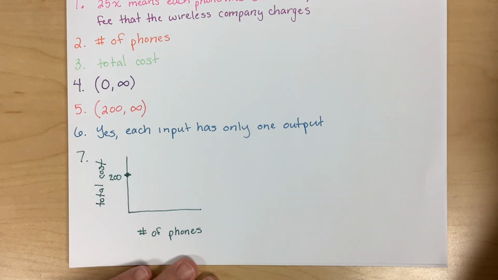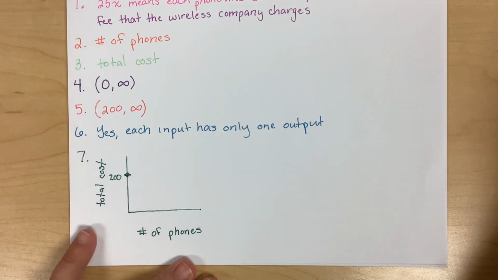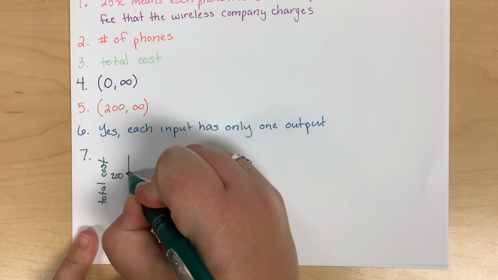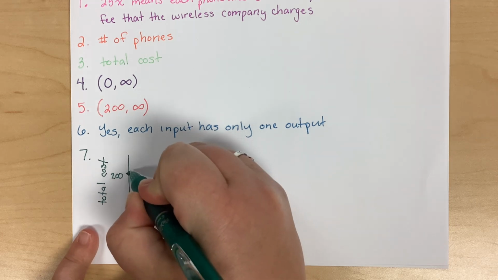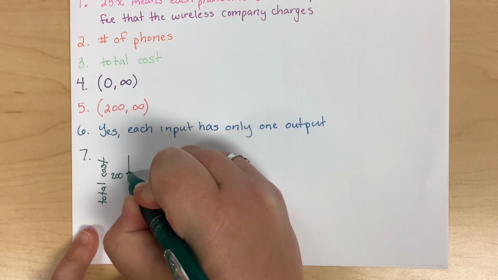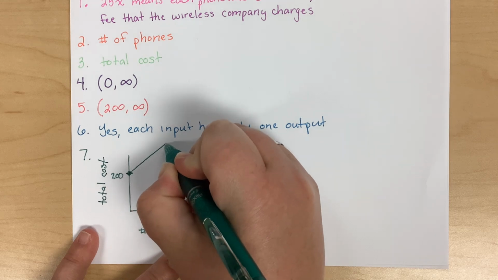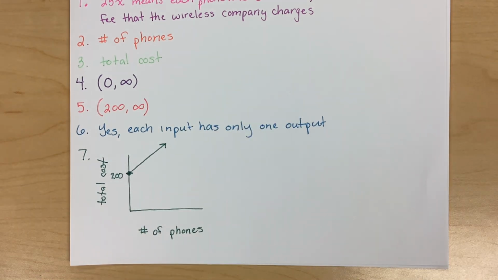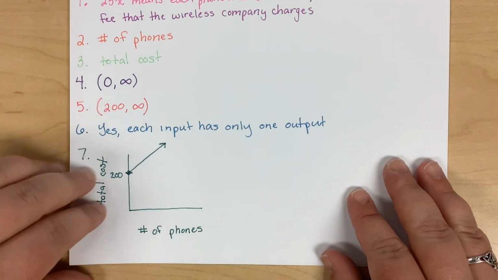Now, since that is going up by the same amount each and every time, this graph ends up being what we call linear, or a line. So I know it's going to increase as I go up, just like this, and I'm going to put an arrow on the end because it can go up forever. And that's it. That's a rough sketch of what this graph looks like.